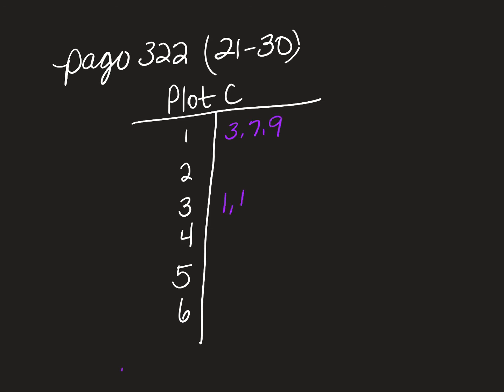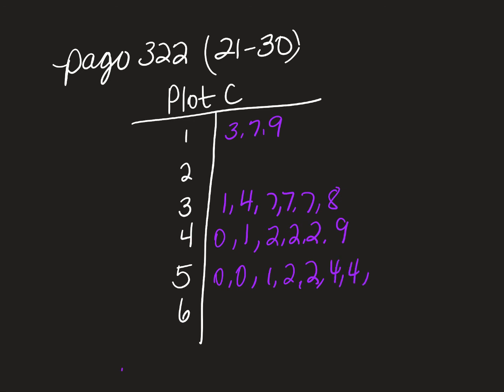So we have 1, 4, 7, 7, 7, and 8. 0, 1, 2, 2, 2, and 9. 5, we have 0 and 0. 1, 2, 2. 4, we've got a lot of numbers. 4, 4, 5, 7, 8, 8, and 2.